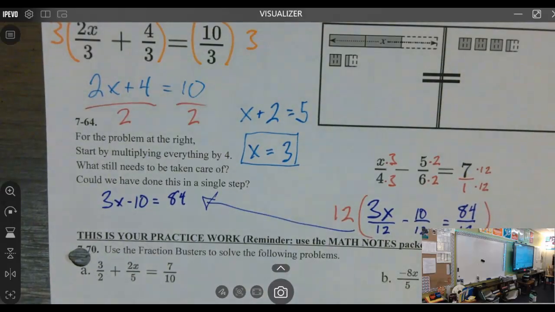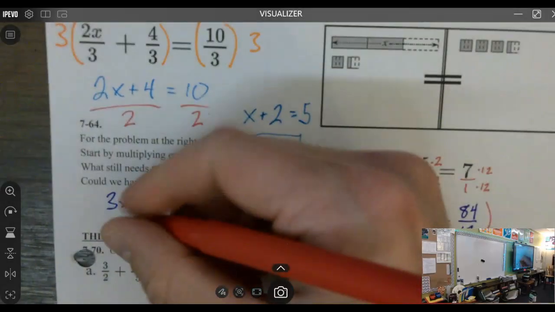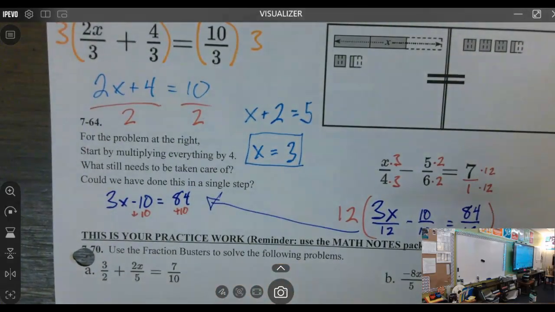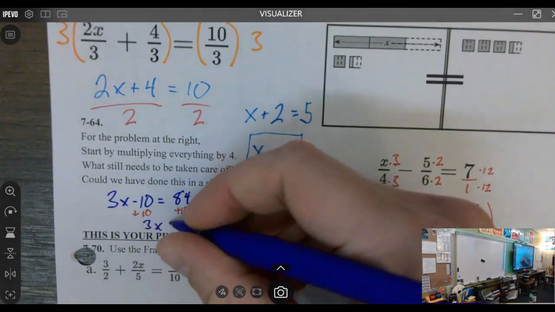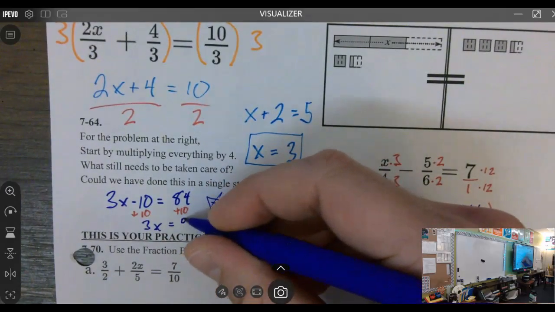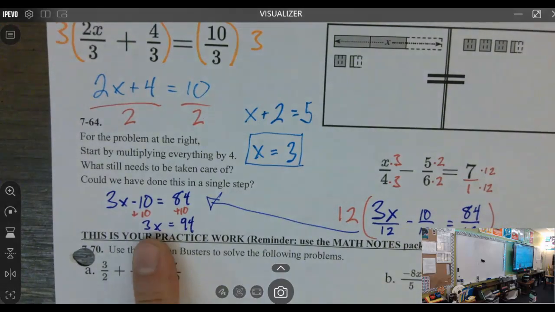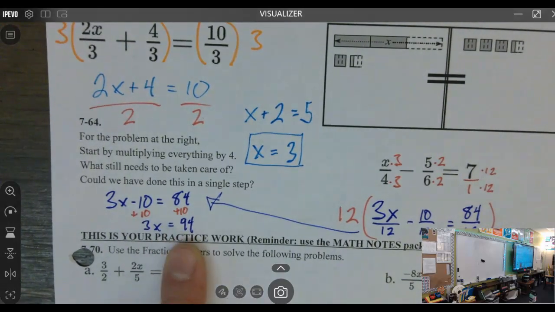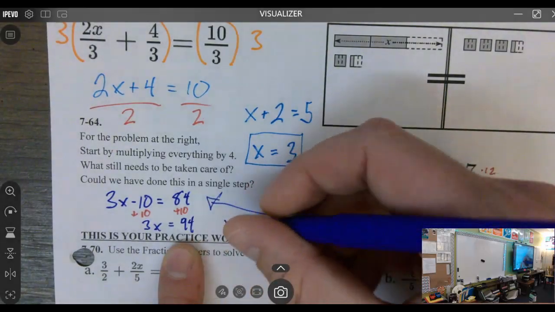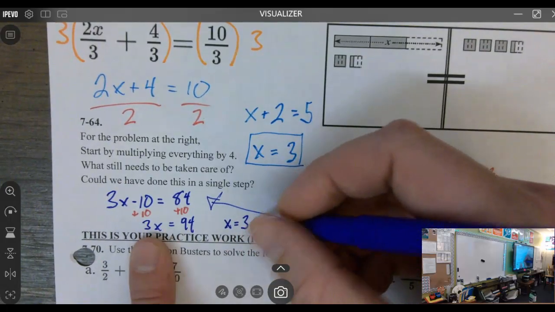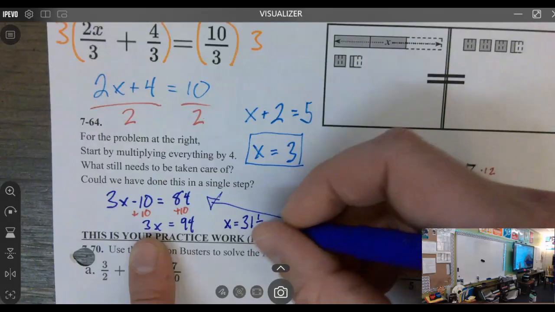Add 10 on both sides. On both sides. And Kira, what do we do now? Divide by 3. 31 and a fourth? 31.3. Yeah, which is... Oh, yeah, a third. Sorry, 31 and a third.